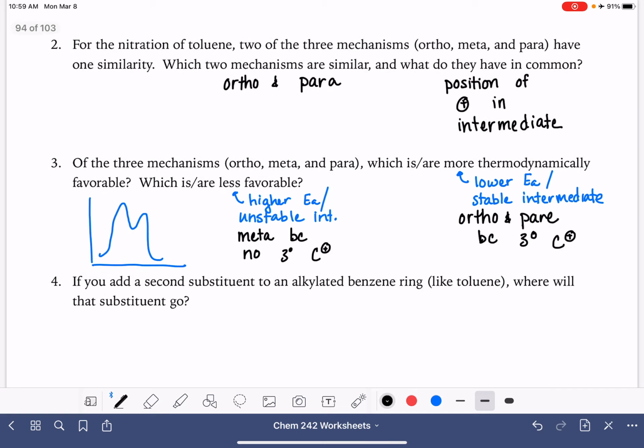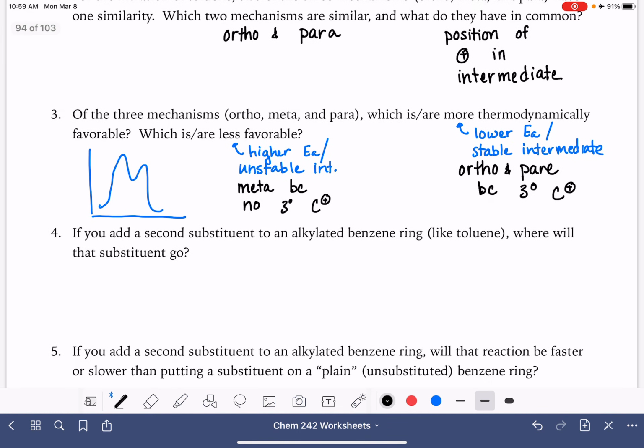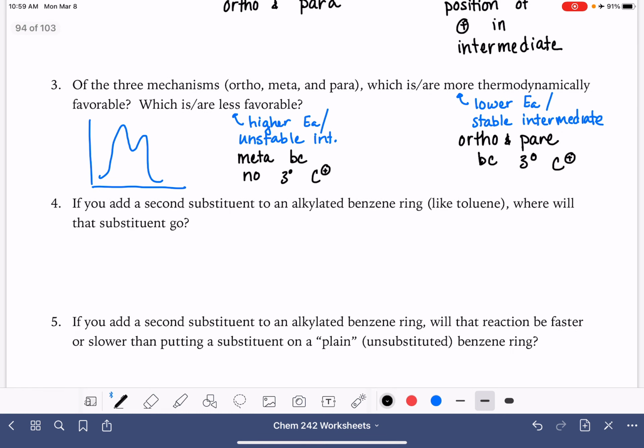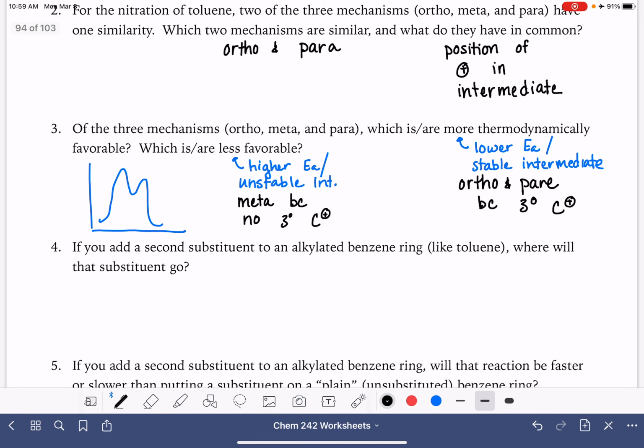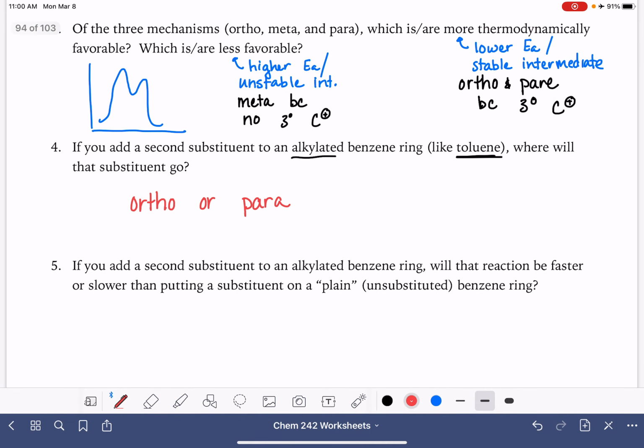So to answer the next question, if we add a second substituent to the alkylated benzene ring, any kind of alkyl group, like toluene was our example, where will that substituent go? It's going to go into either the ortho position or the para position. And if you add a second substituent, will the reaction be faster or slower?